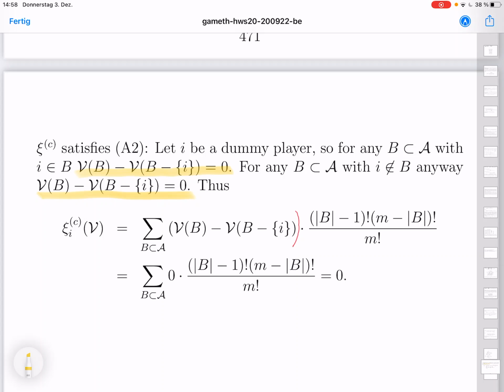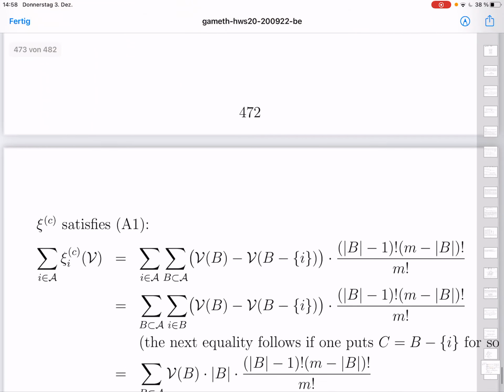So this tells us immediately that the factor here is equal to 0. So we have a sum of 0 times rational factors, which is altogether 0. So this is rather trivial. So this vector psi C of V has at the entry of this vector at an index I, which is a dummy player, is 0 by this calculation. So now A1 is more difficult.